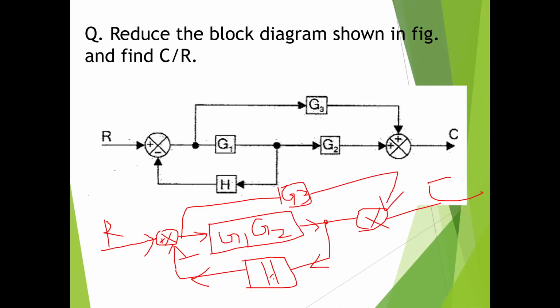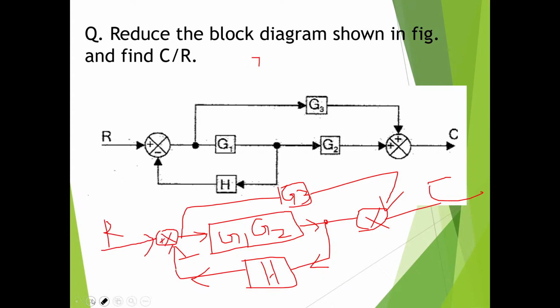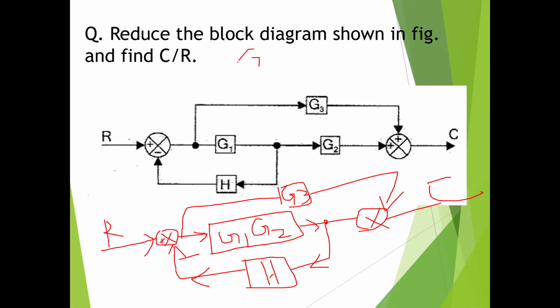So what is the gain here? G1 into G2 divided by 1 plus G1 into G2 into H.